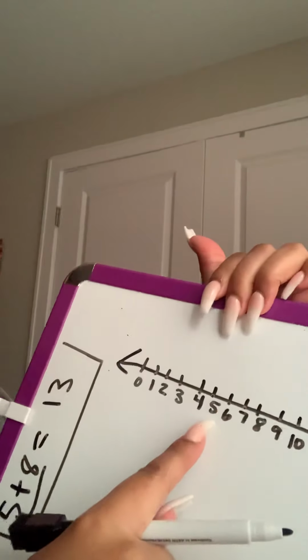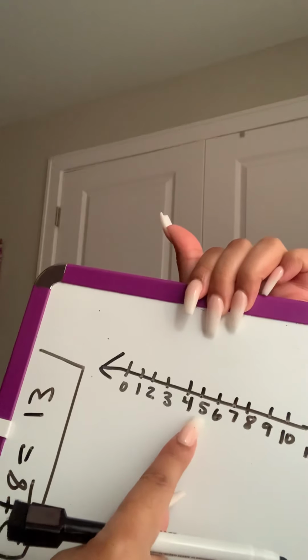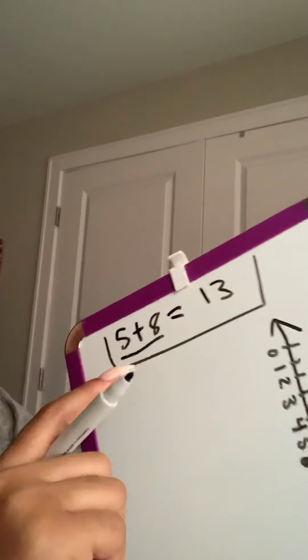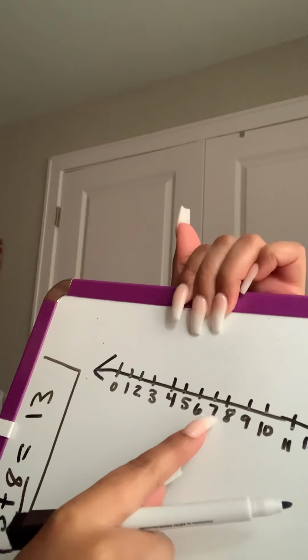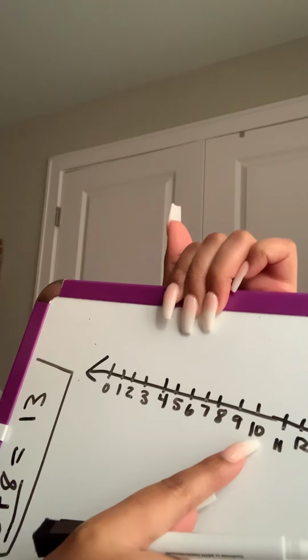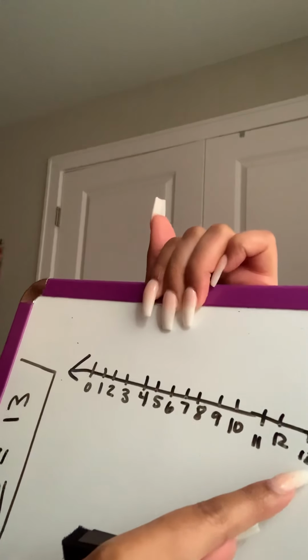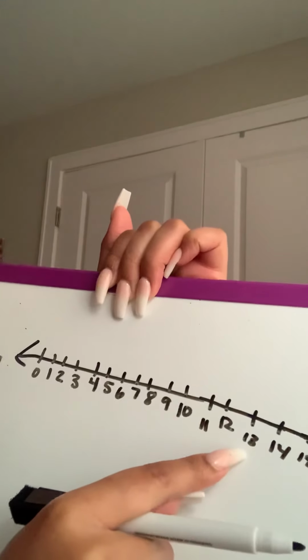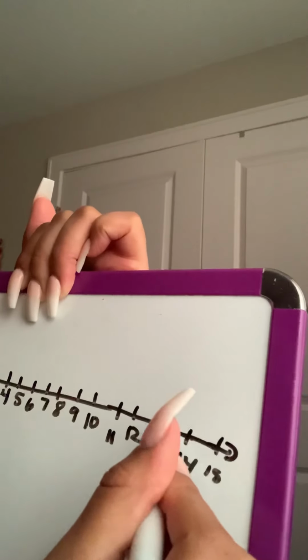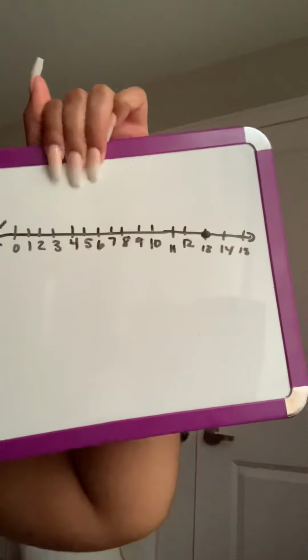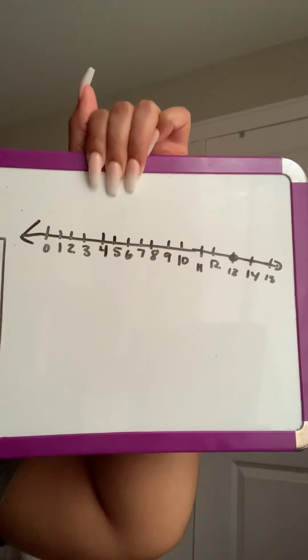So put your finger on 5, okay, 5's right here, and then you're just gonna count 8 spaces, okay? So 5, 1, 2, 3, 4, 5, 6, 7, 8, okay? And you reach 13. So you put a dot on the number 13 because that is your answer, and that is how you count using a number line.